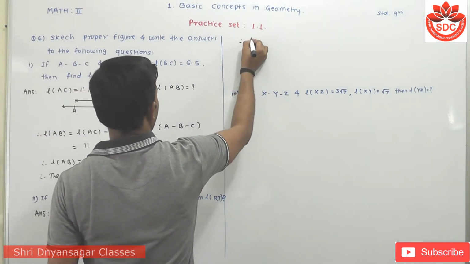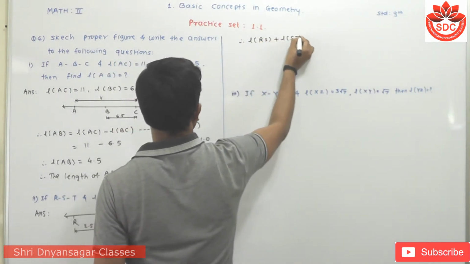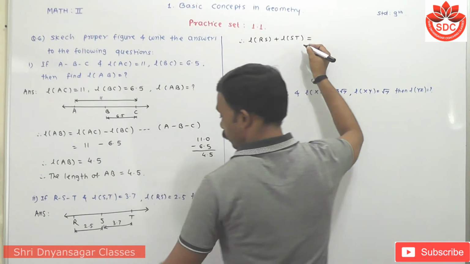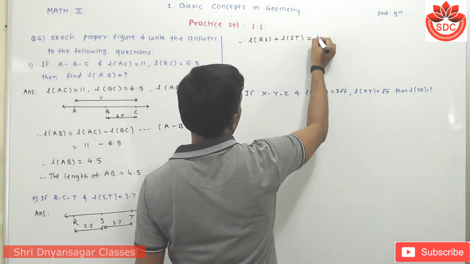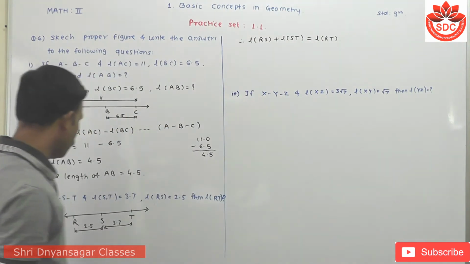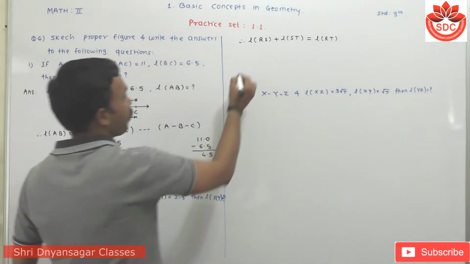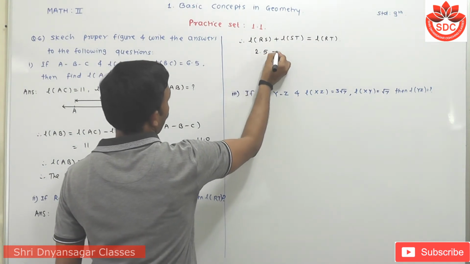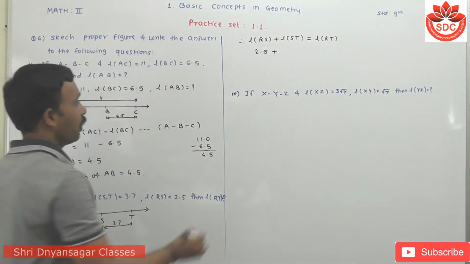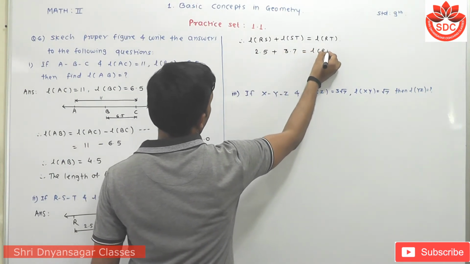Therefore, length of RS plus length of ST is equal to length of RT. Then substitute the values. Length of RS is 2.5 plus length of ST is 3.7 is equal to length of RT.